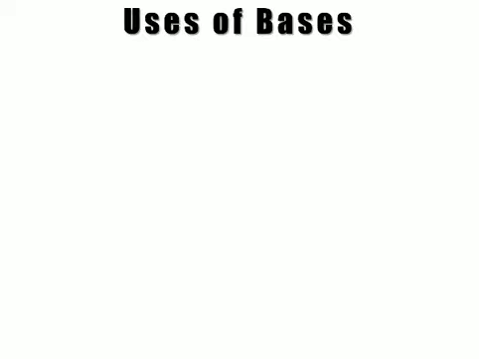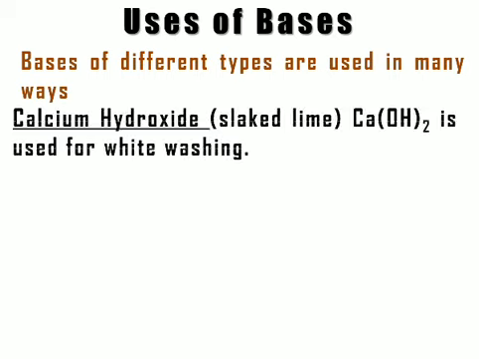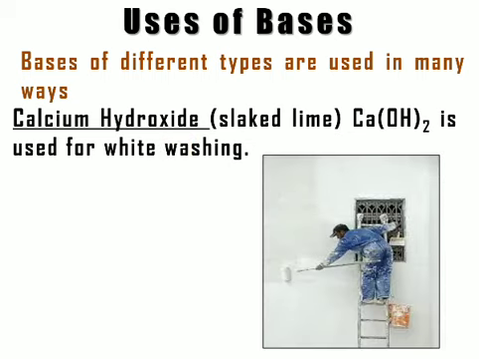Now we are going to discuss the next topic, that is uses of bases. There are different types of bases, like calcium hydroxide. Calcium hydroxide is a base which is also known as slaked lime. Remember, this is very important. Slaked lime is calcium hydroxide, which is used for whitewashing houses or other buildings.